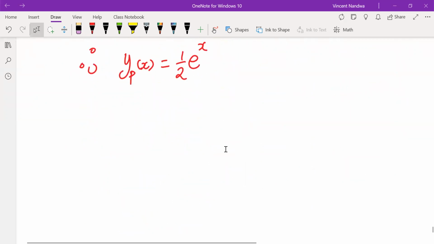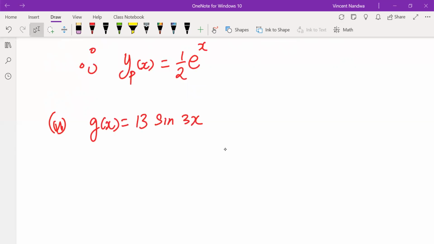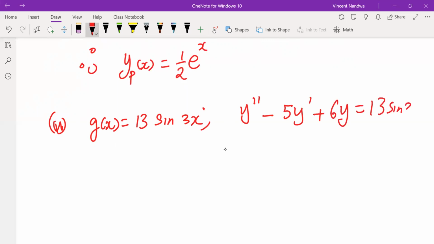Lastly, we have g of x as 13 sine of 3x. So the equation will be y double prime minus 5y prime plus 6y equals 13 sine 3x.